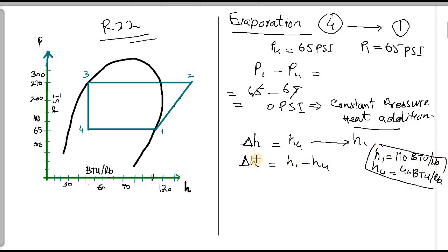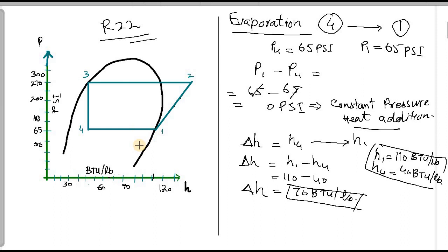To find the delta H during this evaporation process, H1 minus H4: 110 minus 40, so the result will be 70 BTU per pound. This is the total enthalpy added to the refrigerant during the evaporation process.